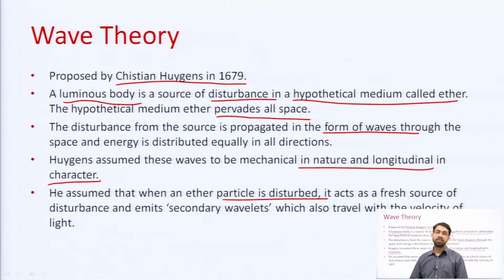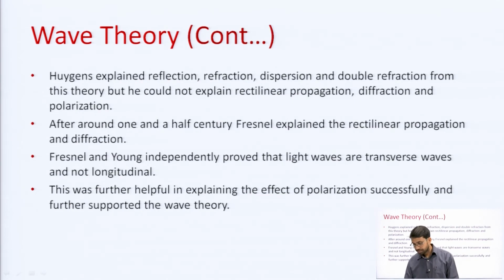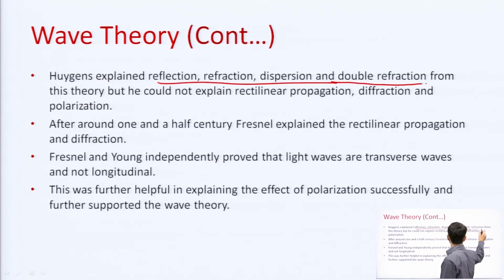With this theory, he explained a lot of facts. He explained reflection, refraction, dispersion, double refraction, but there are a few fundamental facts that he could not explain, like rectilinear propagation, polarization, and diffraction.